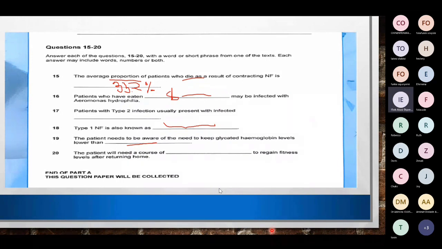You have to provide the answers the way they are in the text, please. Just the way they are. That's why I said if you write 7% or less, you'll be wrong. Okay, I get the point, sir.